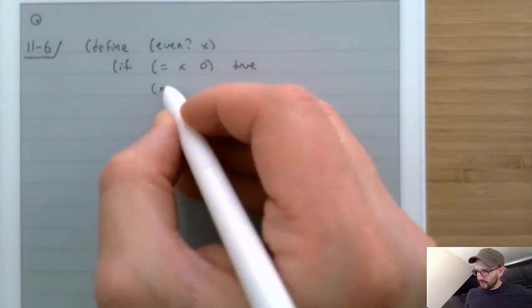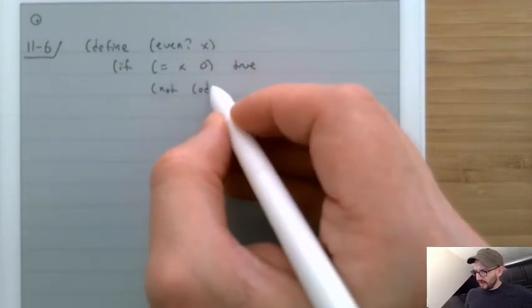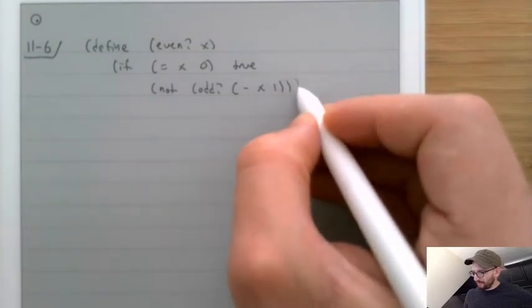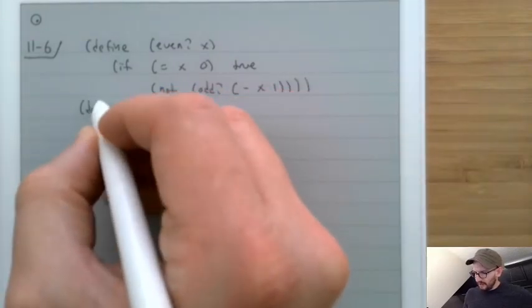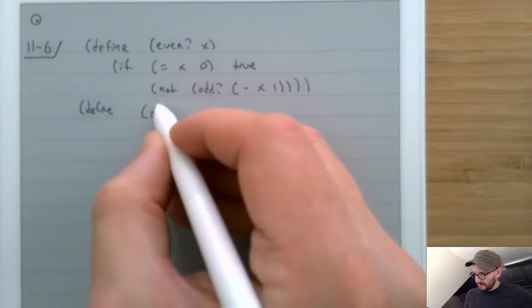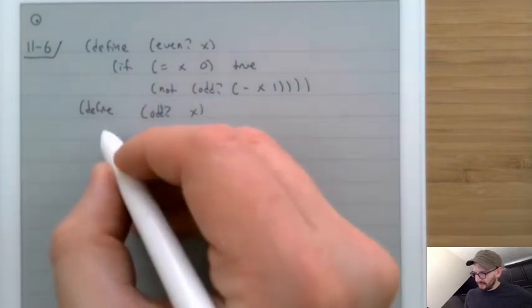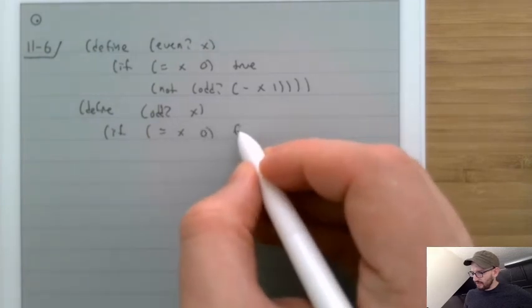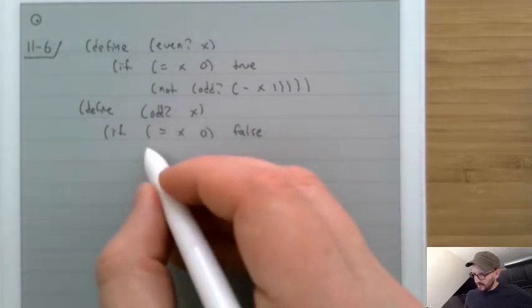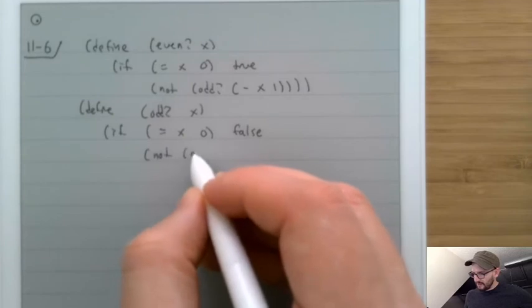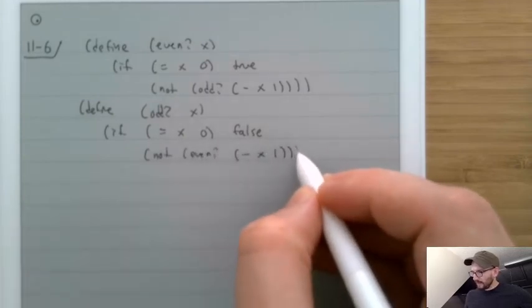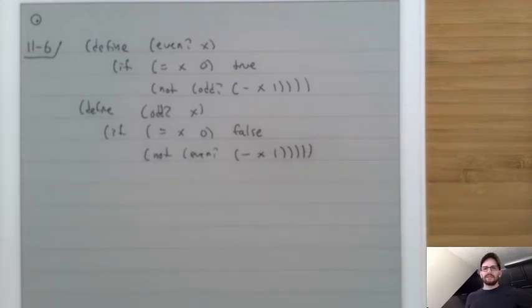Otherwise, return not odd of x minus 1. And then we could define odd as if x equals 0, false. Otherwise, do not of even x minus 1.